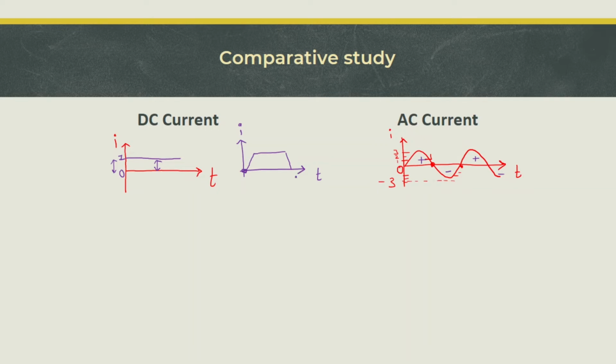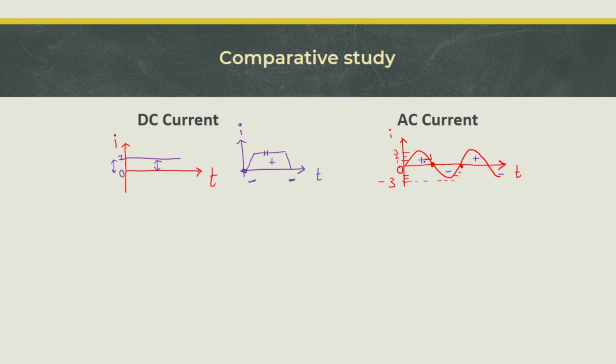So there is this change in value in the DC current also, but it does not go from positive half to negative half and again positive half and again negative half. The change is only observed whenever the circuit is turned on or off. Otherwise, the output of the DC supply or the DC current value remains the same.